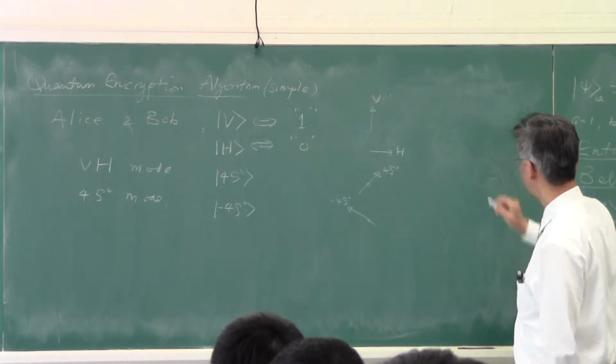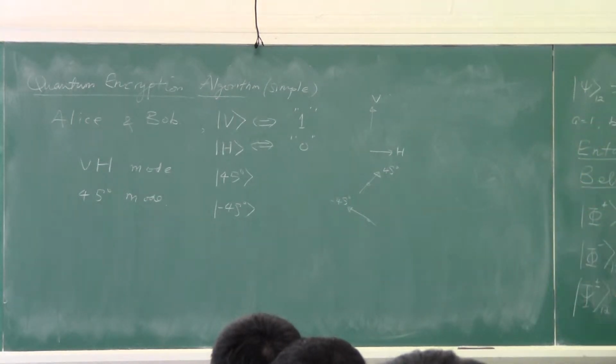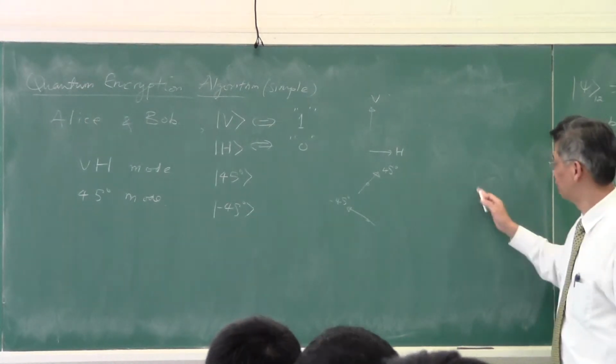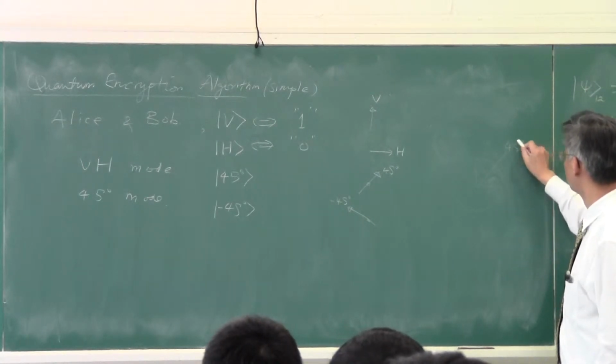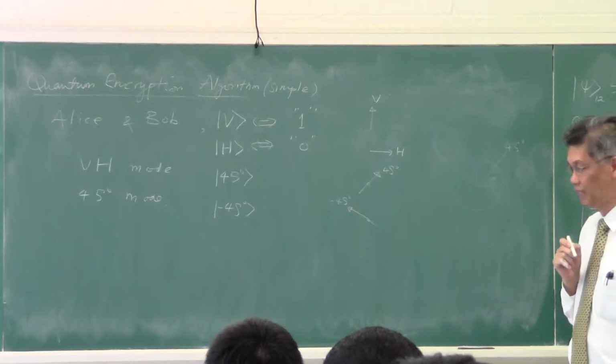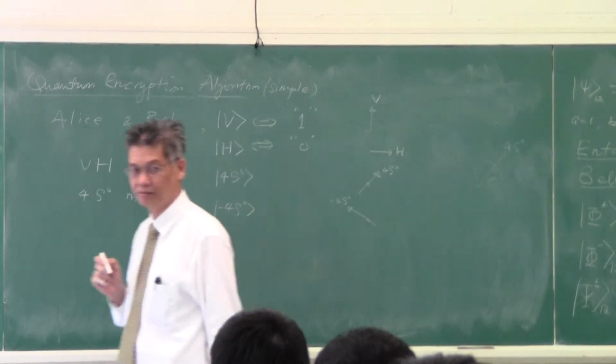After you pass through the polarizer, by quantum interpretation, the polarizer is an experiment. It collapses the photon to the 45 degree state. So all photons that pass through a 45 degree polarizer will be photons in the 45 degree state. That is the canon of quantum interpretation.